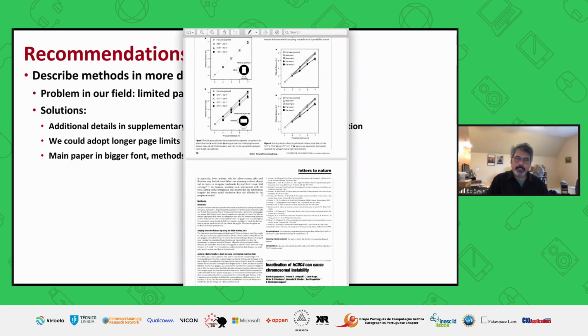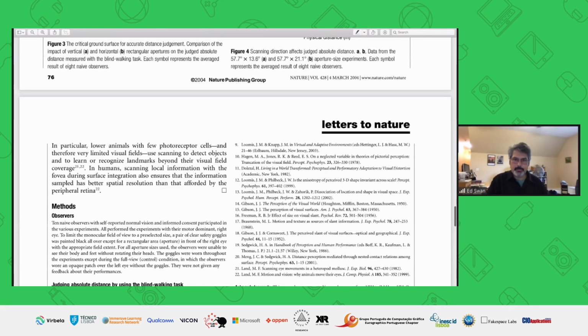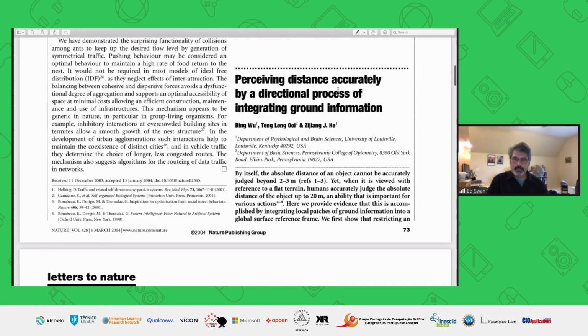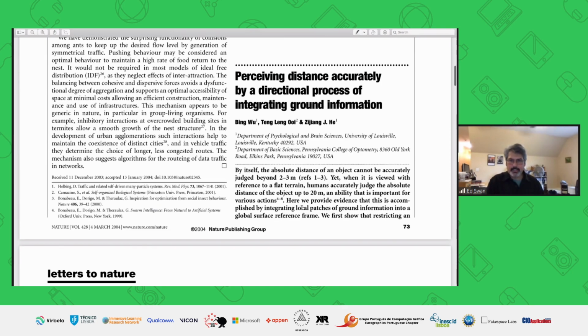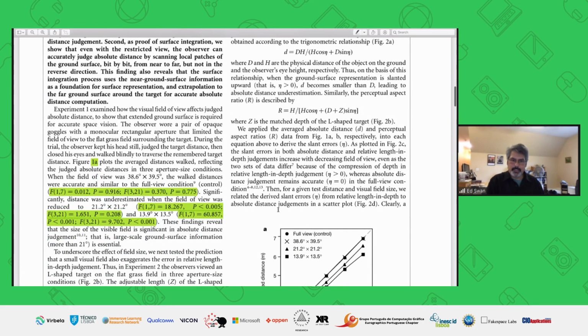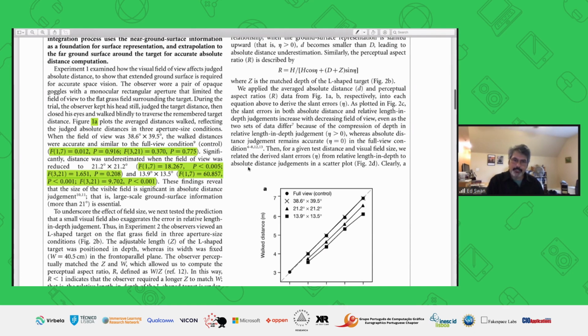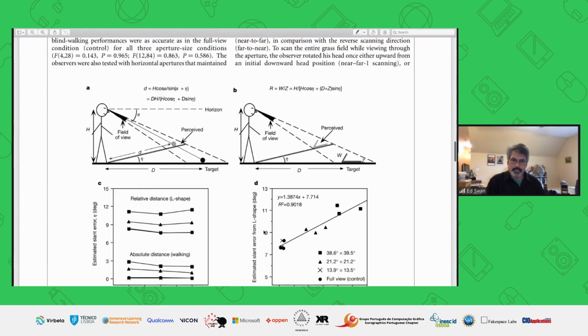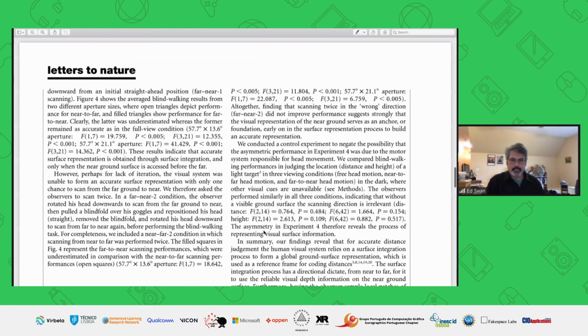So here's a paper that in my lab has been cited a good bit. It's in the journal Nature, Perceiving Distance Accurately by a Directional Process of Integrating Ground Information. I don't want to talk about the contents, but notice the way the paper is typeset. Here is the abstract. Here is the meat of the paper, all written at a higher level, the level of the science itself: the results and diagrams, and results and more diagrams.